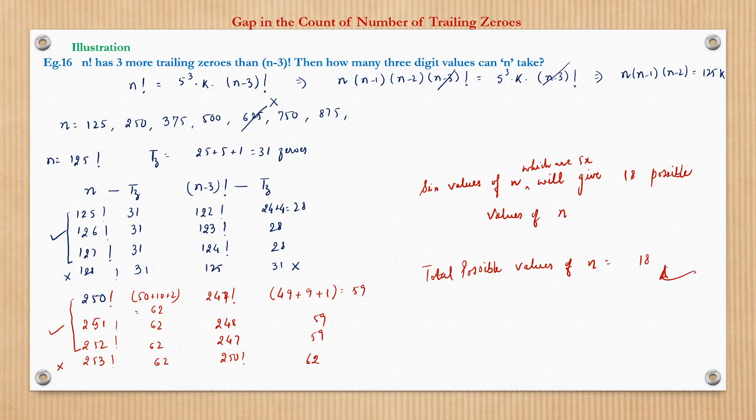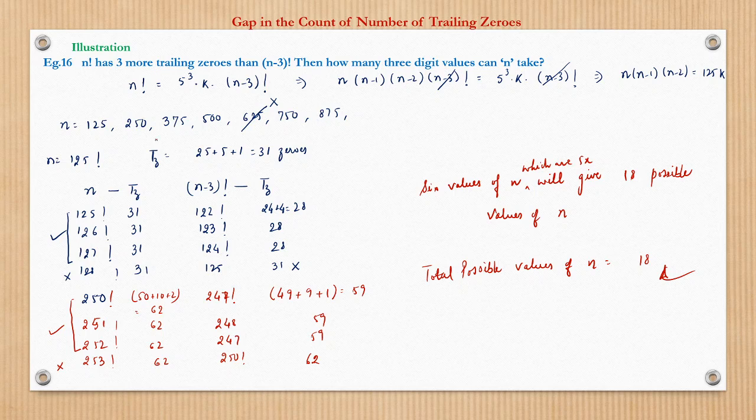right? This is fine. Now, I will just revise the concept which we have used. We have to look into three digit values only. So for that, we identified the multiples of 5, which are 125, 250, 375. We did not take 625 because it has four powers of 5.